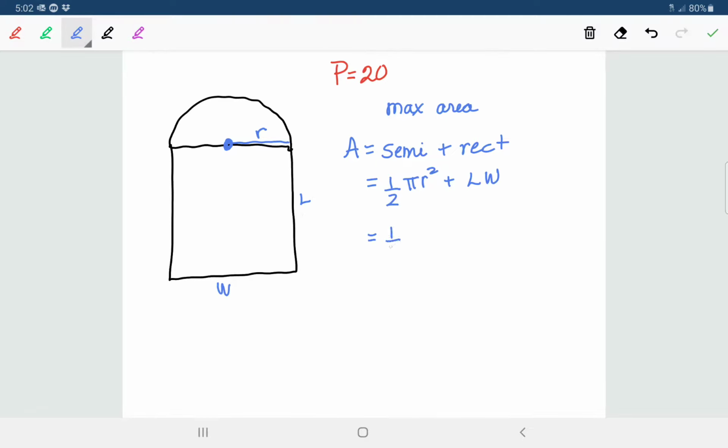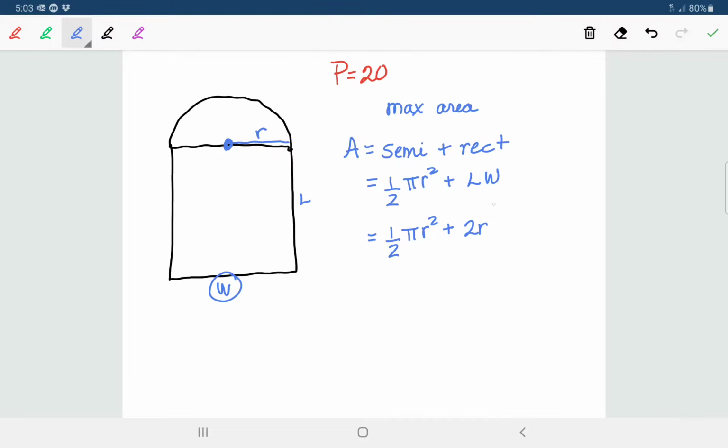Now, there's something that we actually know here about the rectangle, and that is about the width. Since the width is right below the semicircle, this distance must be the same as down here. Since it's a semicircle, that's just the diameter, and we know the diameter of the circle is 2r.